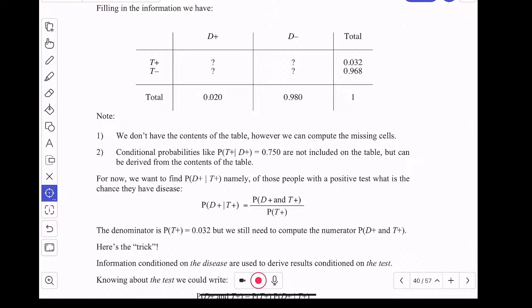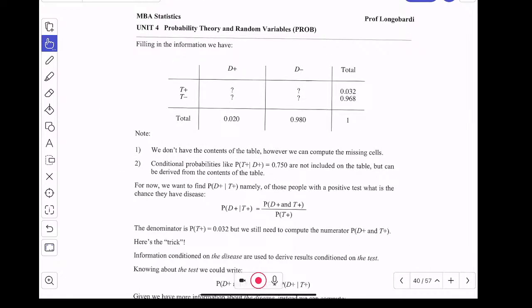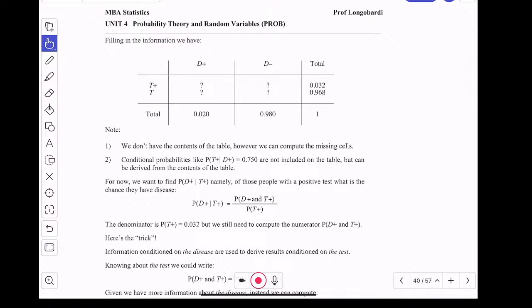And you can figure out what the chance of no disease is. Now they gave us something else. They gave us also this conditional probability, which you can split up into this.